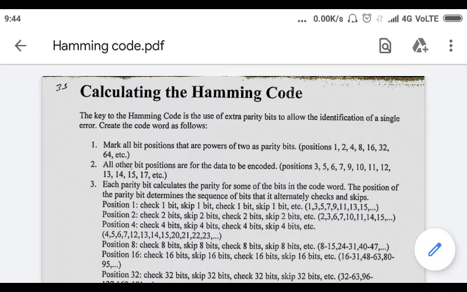Then the remaining positions in between, say 3, 5, 6, 7, 9, 10, 11, 12, are the positions left between the parity bit positions. All these positions we consider as the data bit positions.